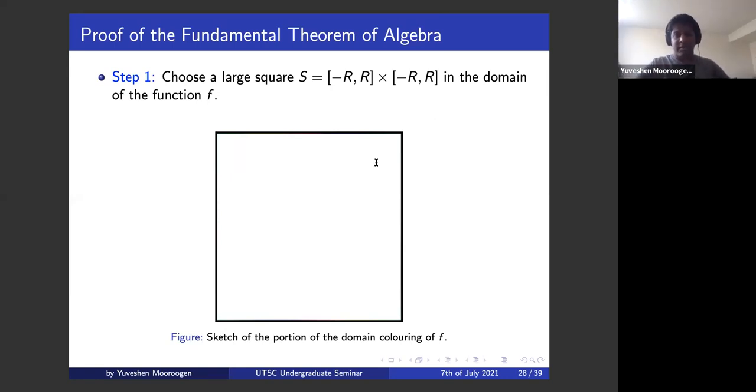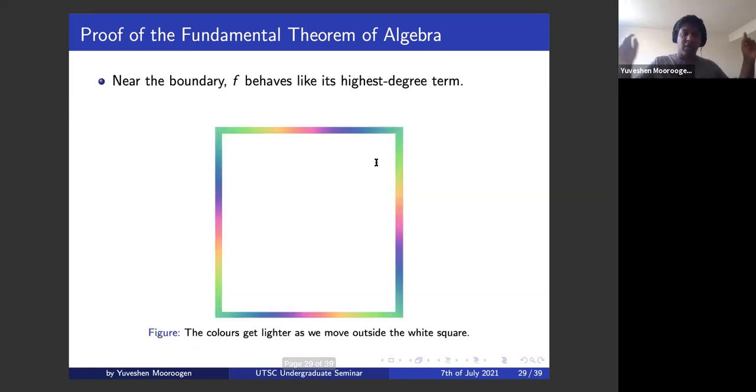So all right, it looks something like that. And because this square is very, very big, I know that if I walk along its boundary, very close to its boundary, then f will behave like its highest degree term near that boundary. So here I've drawn it as though f was some fourth degree polynomial, but it doesn't have to be.